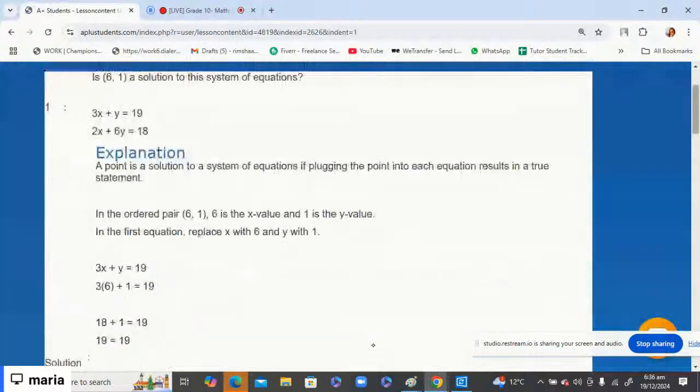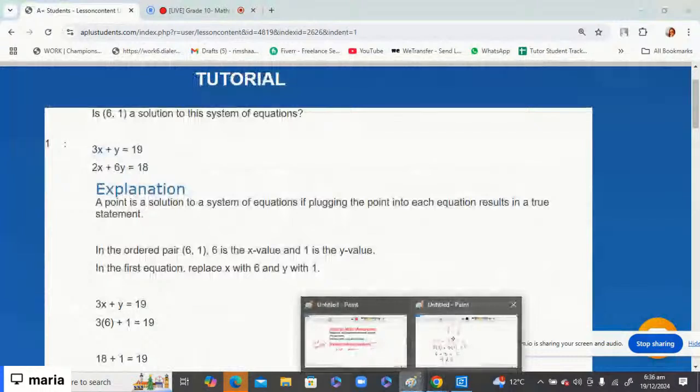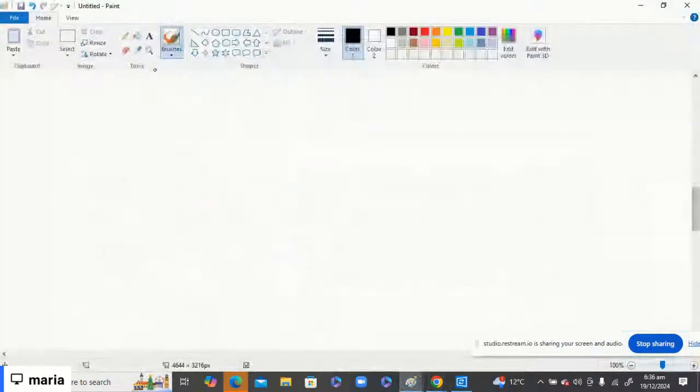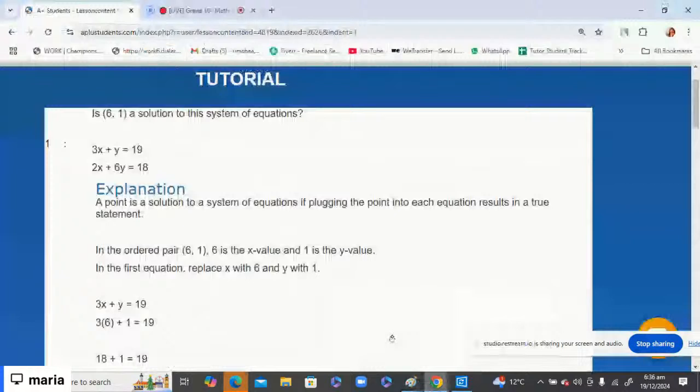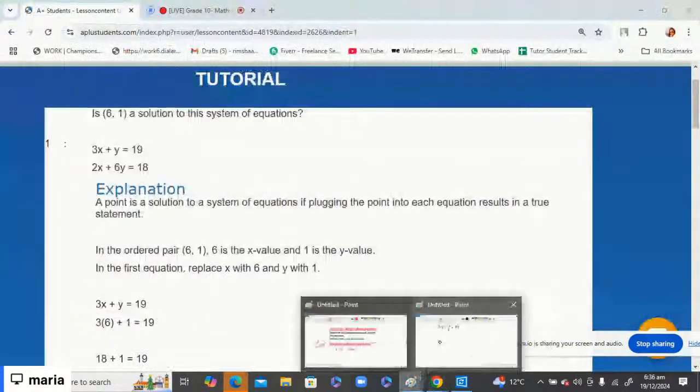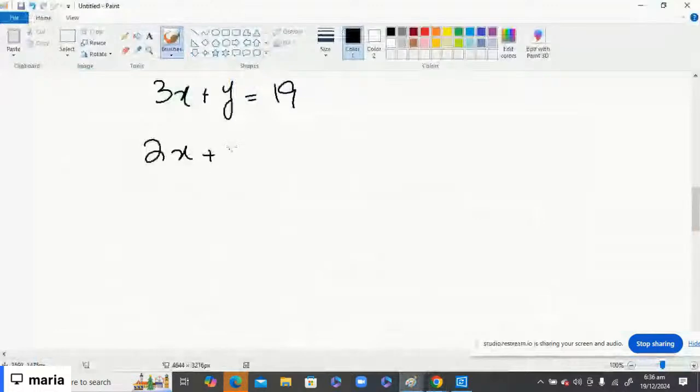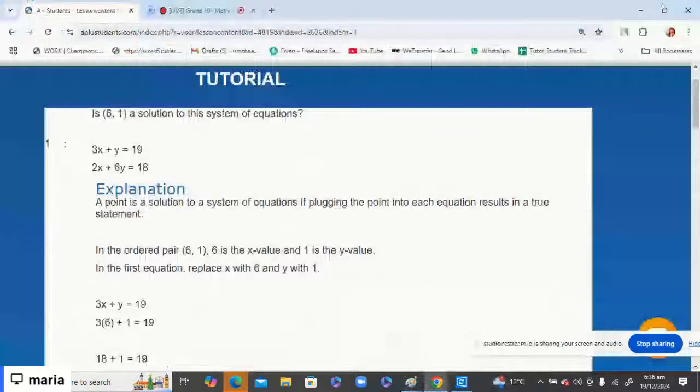For example, let's take this one: 3x plus y equals 19 and 2x plus 6y equals 18.